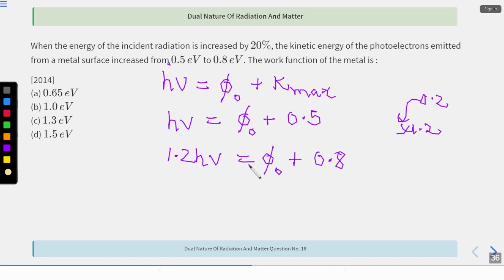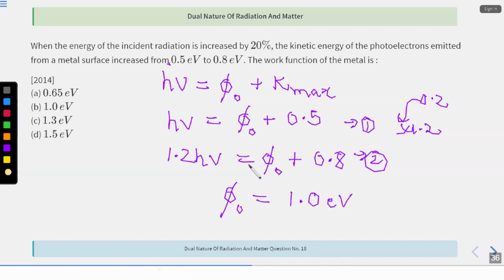You've got two equations, 1 and 2. So using these two equations, I can drop it down to the fact that φ0 is equal to 1.0 eV. So the work function varies from metal to metal, okay?